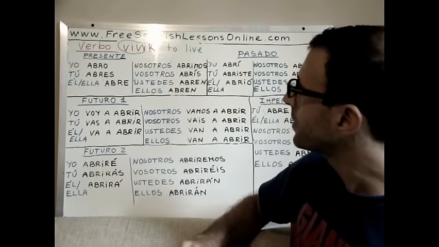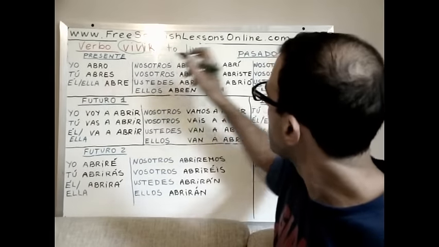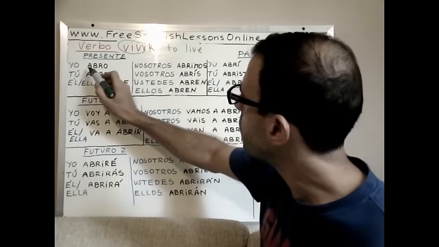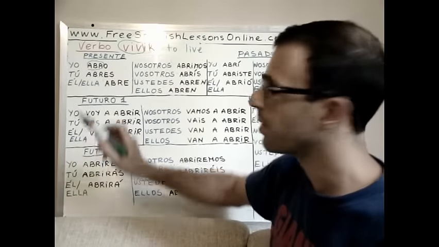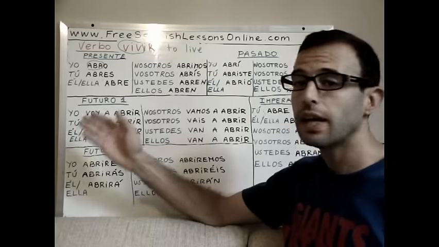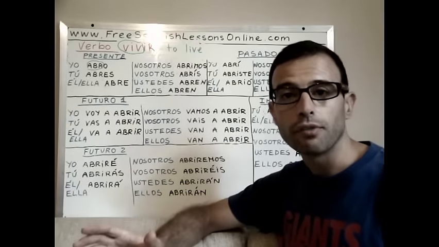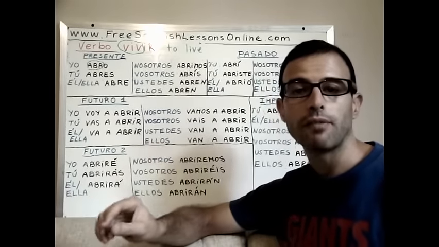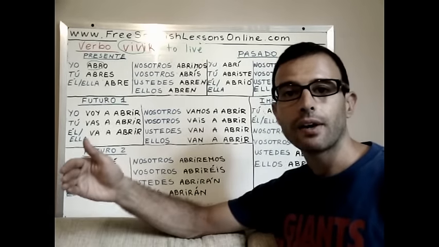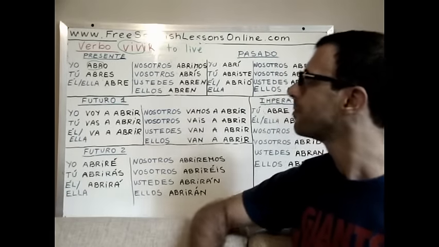So take a look. Here, we were using the root of the verb abrir, abr, right? Remember that the root is the first part of the verb stripping out the ending. The ending can be ar, er, or ir, yes?